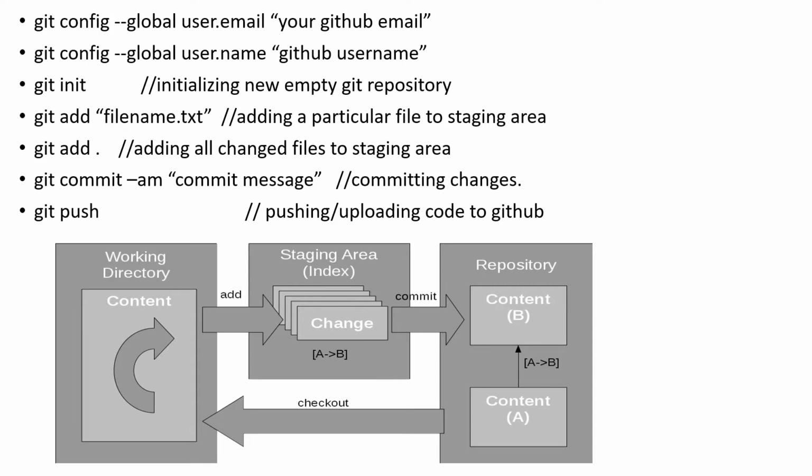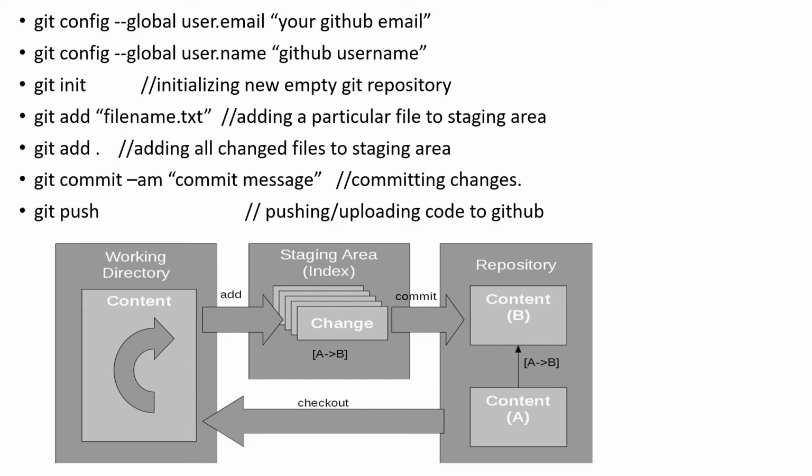It is necessary to mention a commit message so that any other contributor knows what changes have been done in those files, and he can specifically look for the change in the file. So commit message plays a very important role, so make sure that you mention proper commit messages for those files.